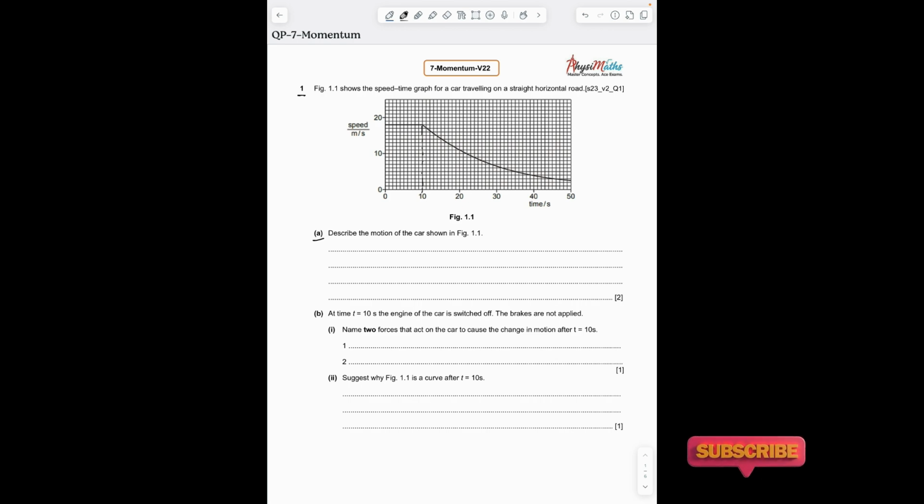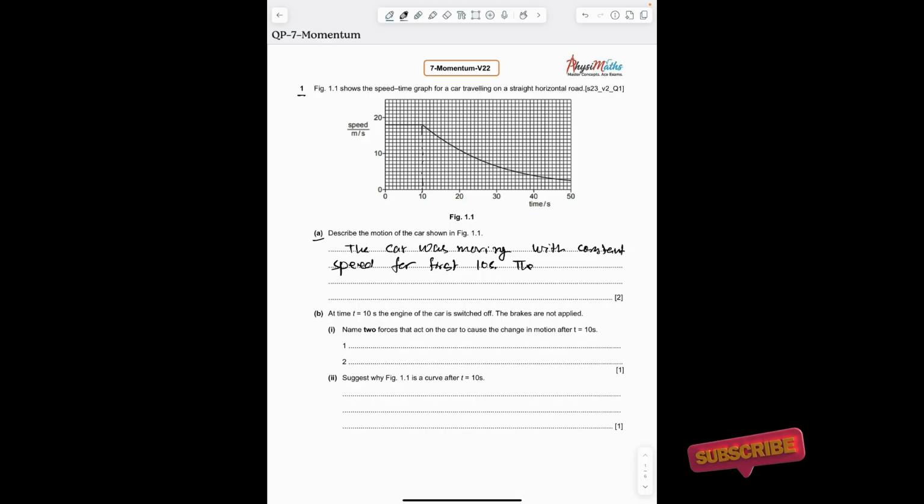So that means the car was moving with constant speed for the first 10 seconds.